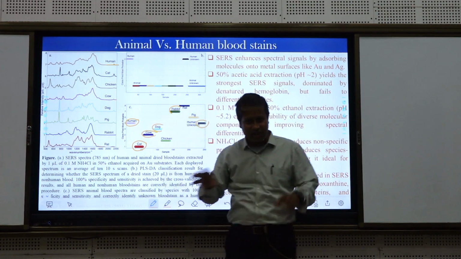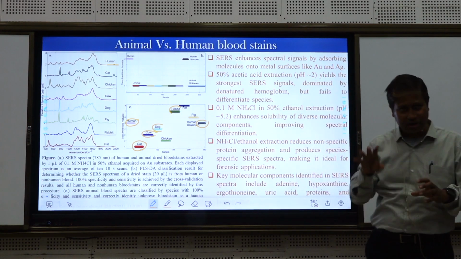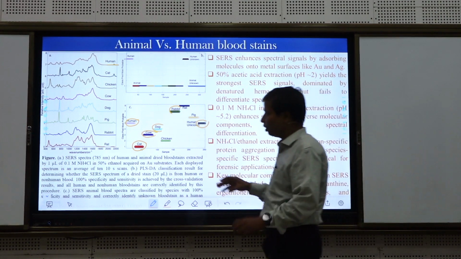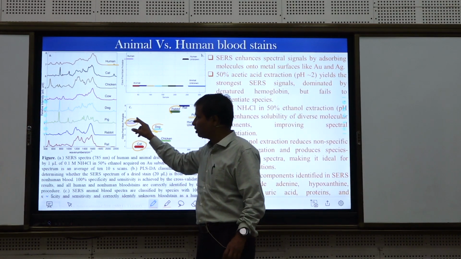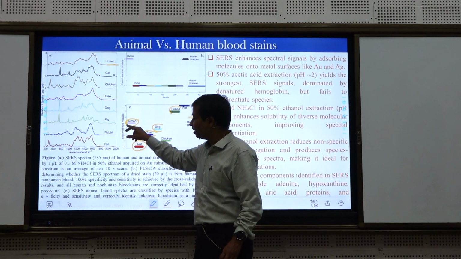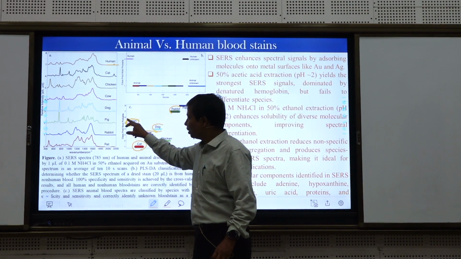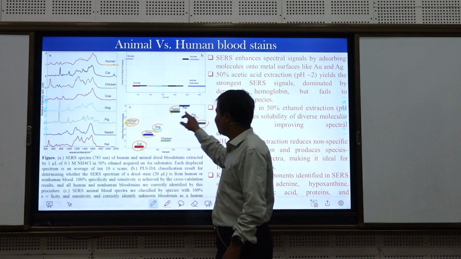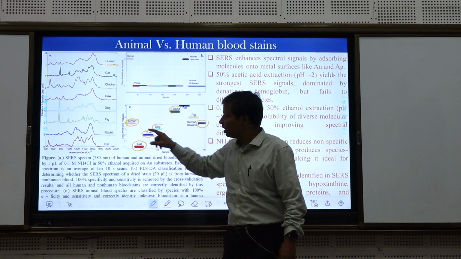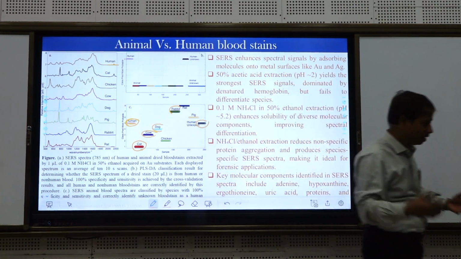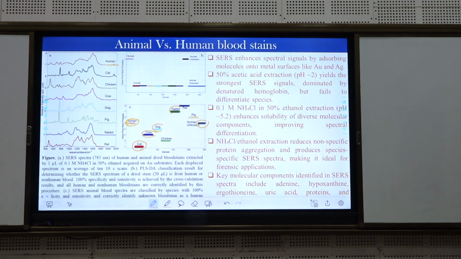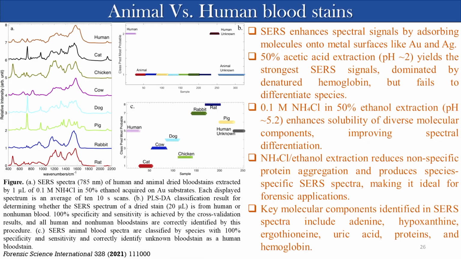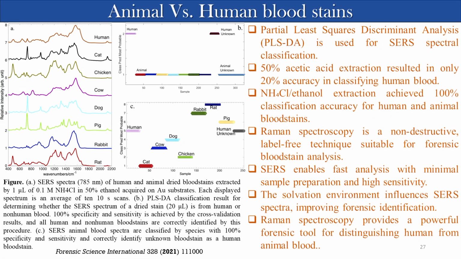So it's very interesting that based on Raman spectroscopy, if the blood comes to this region, this most probable class, then you can tell this blood is from human, and everything is quite separated. So this technique is very nice to separate animal blood from human blood.